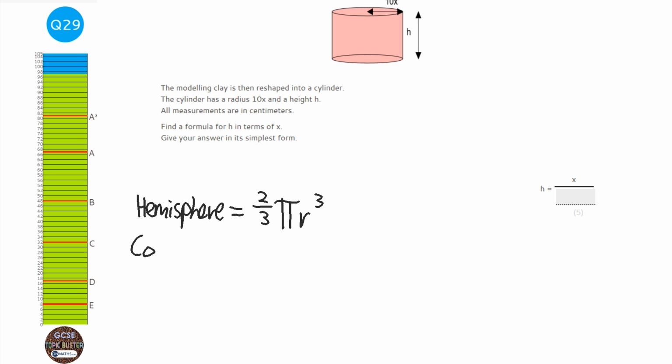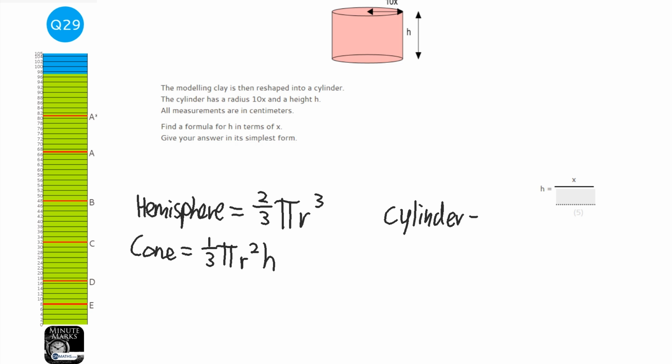The cone that we've got is going to be 1/3 pi r squared h. And then the cylinder we have is the area of the circle times the height.